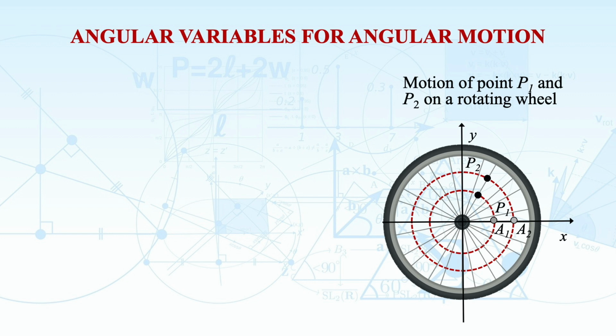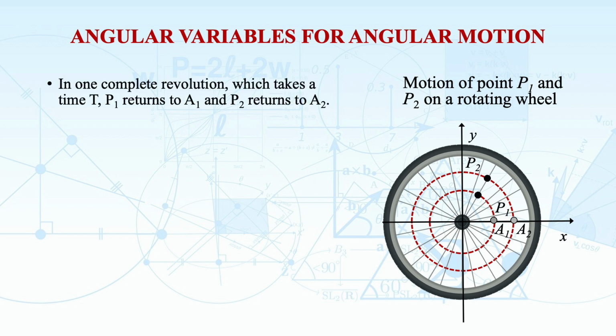Now suppose both the points start from the x-axis, that is the reference axis, and the zero angular position for P1 is at A1, for P2 it is at A2. Starting from A1 and A2, let us assume that both of them complete one complete revolution and come back to their starting points.